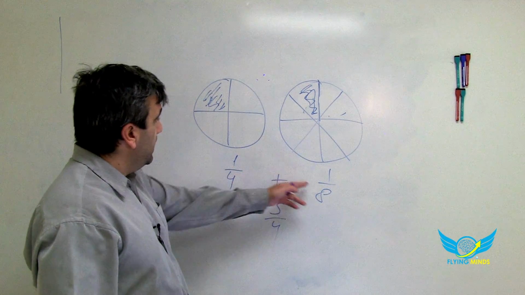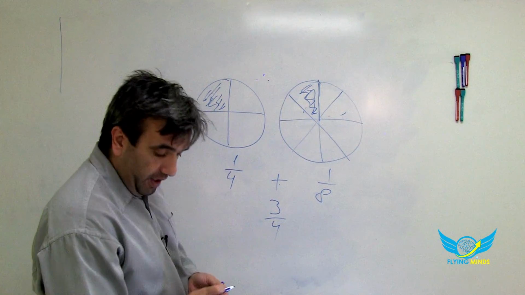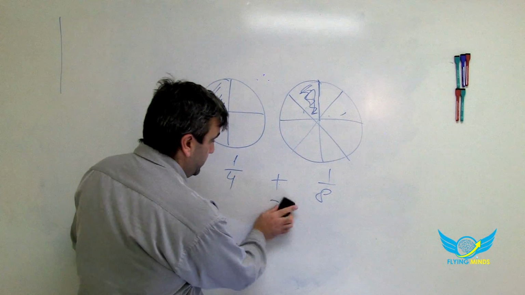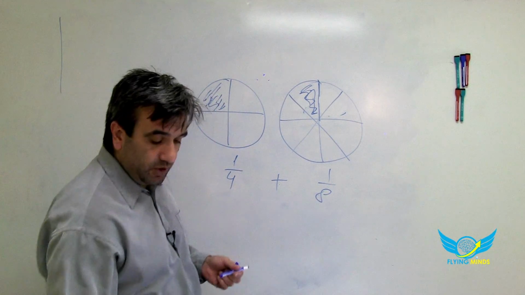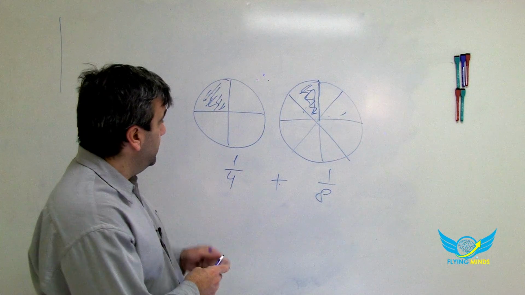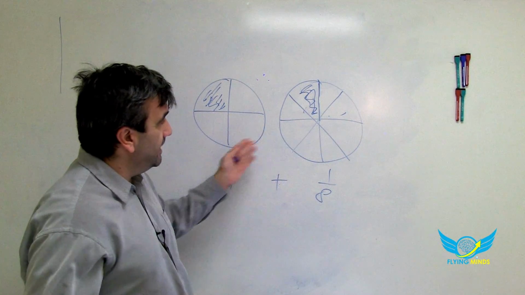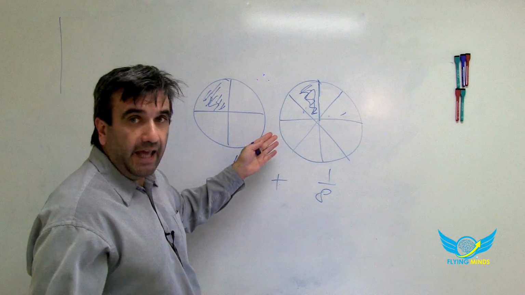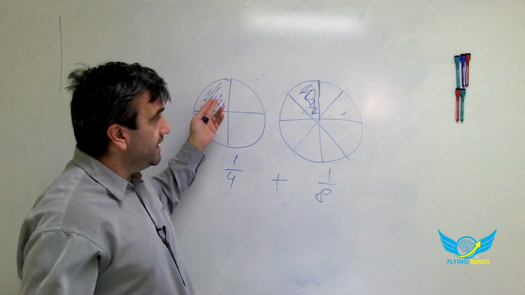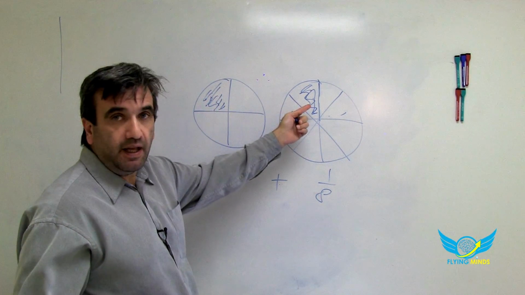If we add these two fractions, how many slices do we have altogether? It seems like we can't add them straight away, because this slice is bigger than this slice.